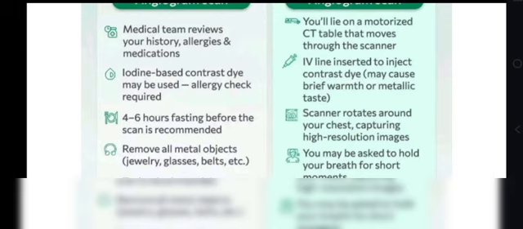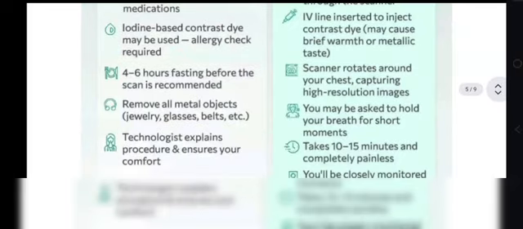During the injection of the contrast, the patient may feel warmth or a metallic taste, and the scanner will rotate around the patient's chest capturing high resolution images, with rapid images taken as the dye flows through the lung arteries.